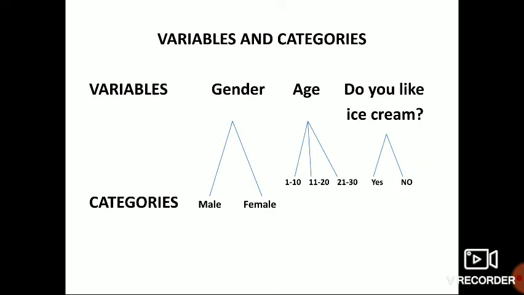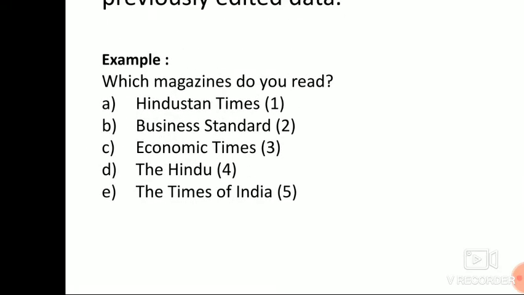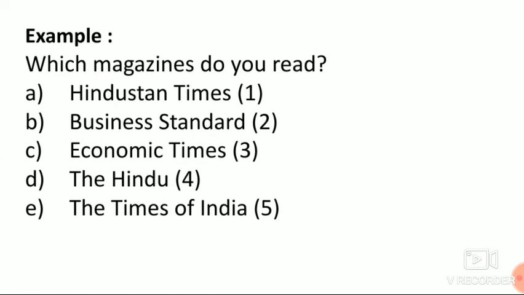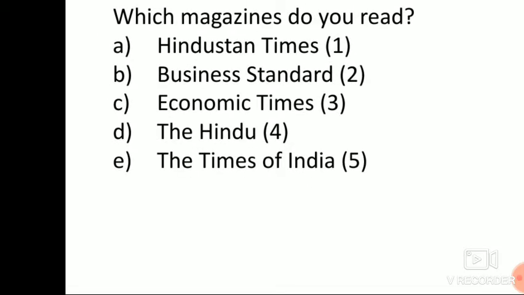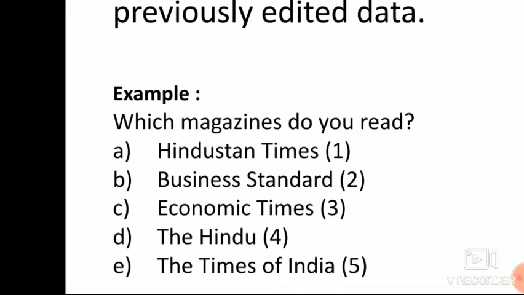Next, see here, you can easily understand what variables and categories are. See this question: the magazine is a variable, but the categories are these 5 names of the magazines.